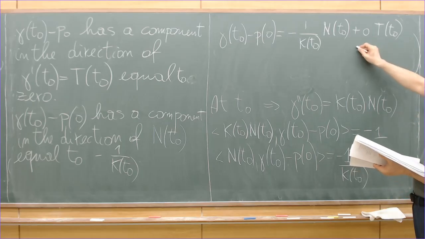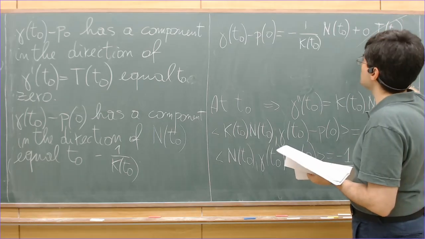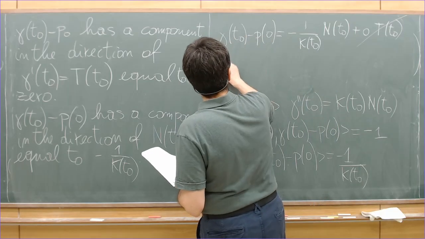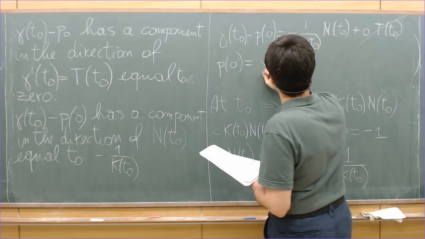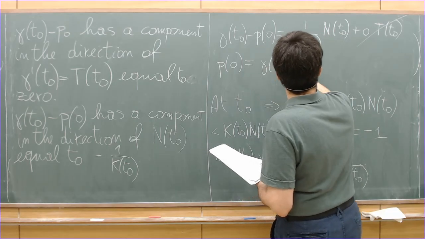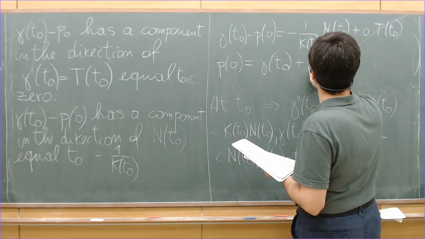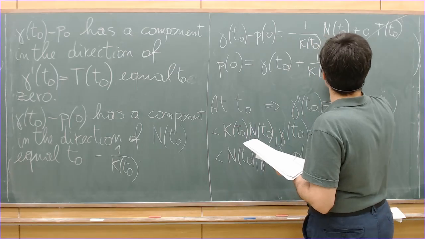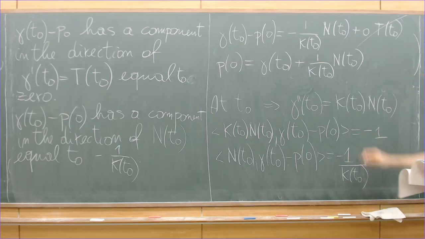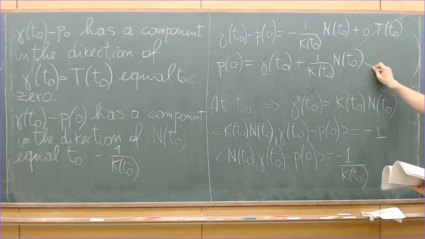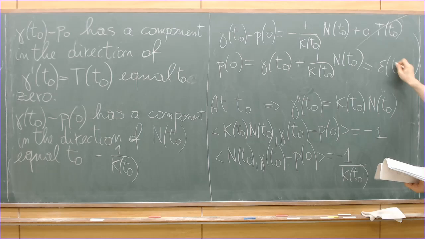So this term has no importance, and we get that p0 is equal to gamma t0 plus 1 over k of t0 times N of t0. This was exactly epsilon of t0, the vector I introduced before.